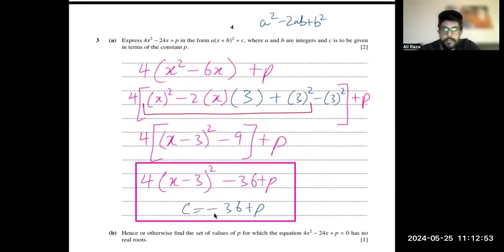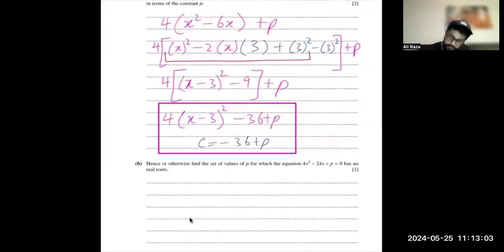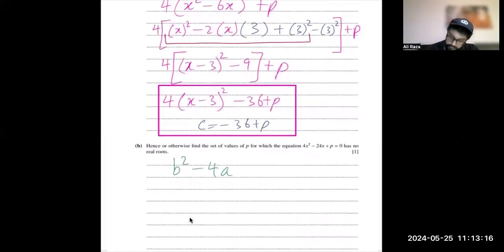Now in part B, we need to find the set of values of p for which the equation has no real roots. So b squared minus 4ac less than 0.